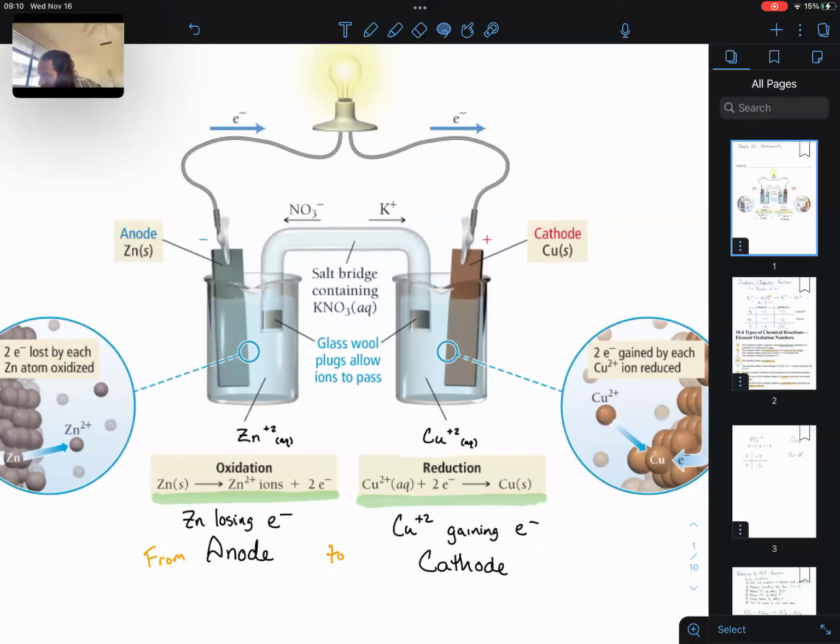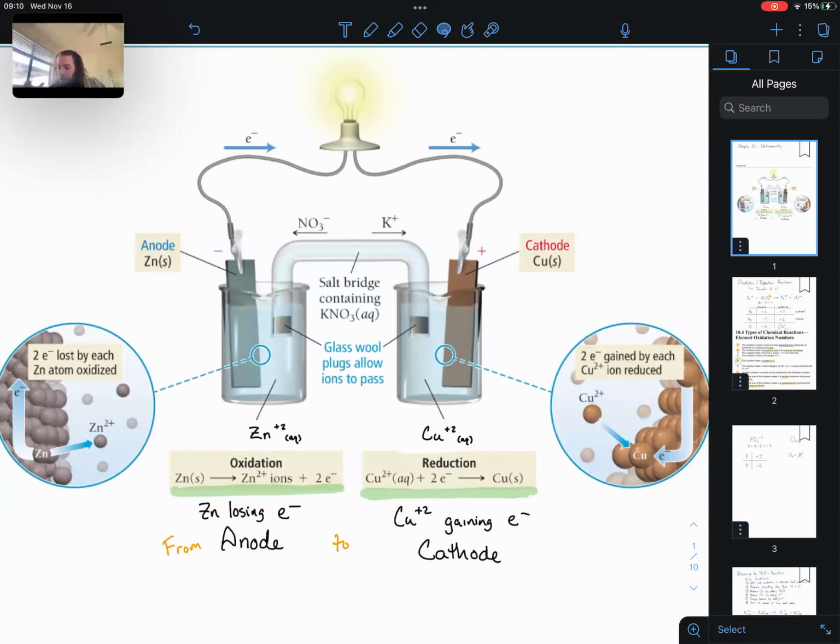And what's very different about this than when we just dipped that zinc into that solution of copper ions is now there's no collisions that are occurring that lead to this transfer of electrons. But nonetheless, we have this transfer of electrons that instead occurs through this wire, where these electrons are still flowing from that zinc to those copper ions.